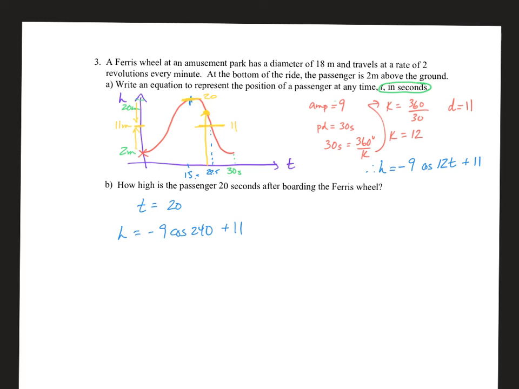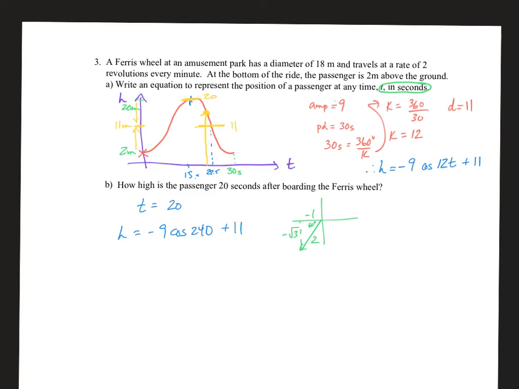Okay, so we're working our way through. Now, I understand that the question says, how high is the passenger above? That means we can get an approximate that you're probably pushing buttons on this. However, if it did ask for exact, then maybe I can't push buttons, so I'm going to go through and deal with my cos 240. 240 puts me down here somewhere. 60-degree angle into quadrant 3. That means that my adjacent side, or opposite side, adjacent side, and hypotenuse.